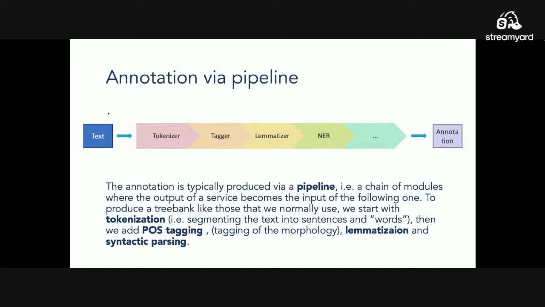You can put as many layers on top of it. Obviously, for a treebank, after the lemmatizer, you would need a syntactic parser that analyzes the syntactic relations, a dependency parser in this case, if you want to do dependency syntax like the one that we've been seeing up to now. But you can also add other components in your pipeline.